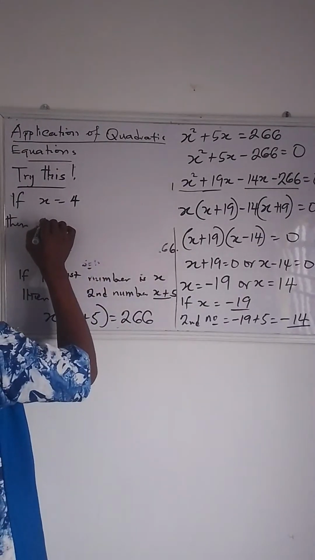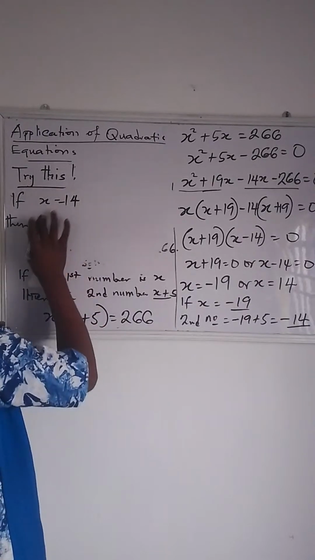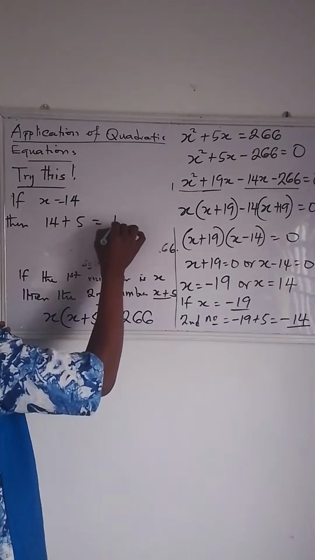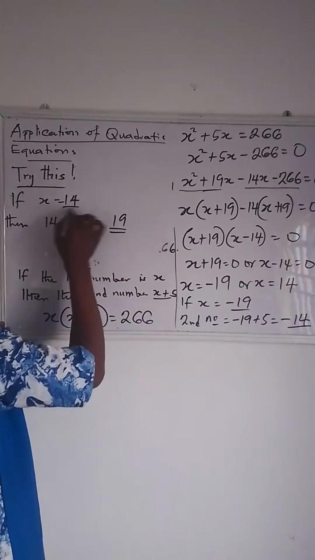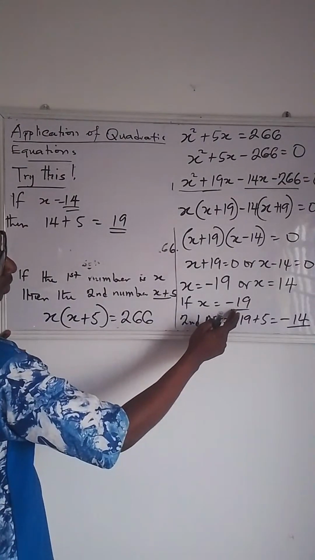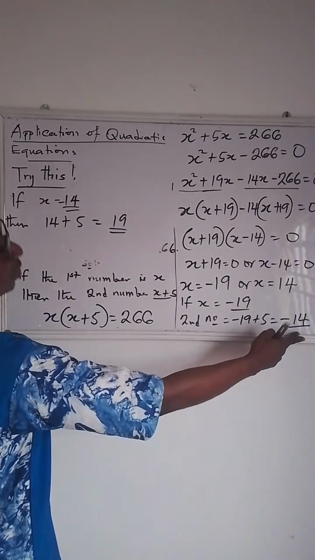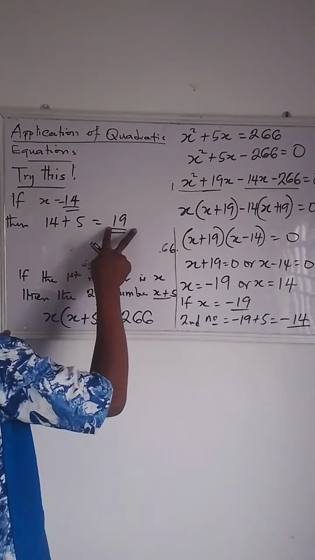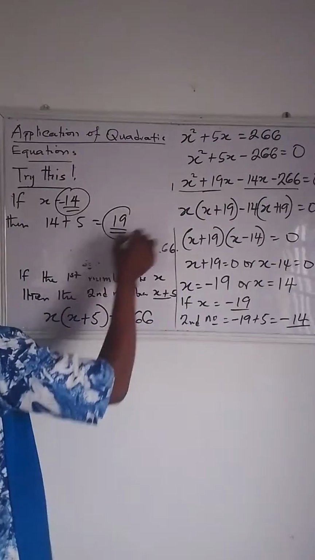So we have 14 plus 5, and that gives you 19. So these are the two numbers. We have two pairs: it's either minus 19 and minus 14, or 14 and 19. So these are the two answers.